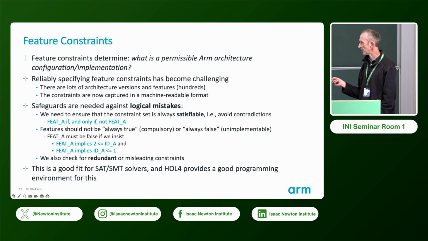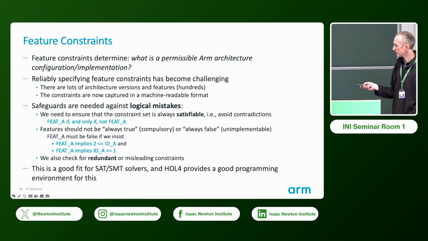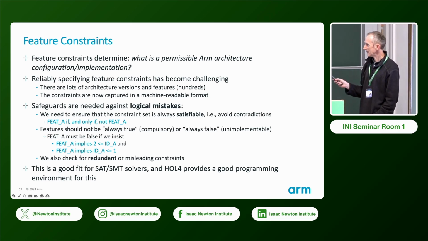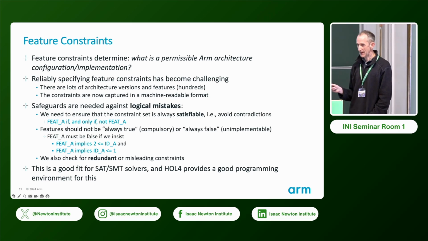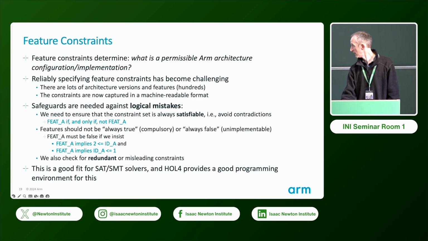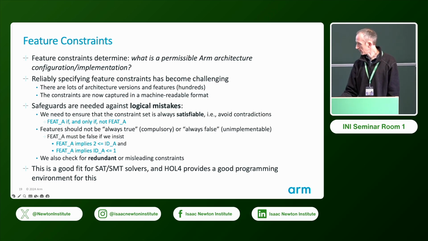So if feature A implies some ID register is greater than 2, but then you say it also has to be less than 1, that doesn't work. That means feature A has to be false. Obviously, this is a good fit for SAT and SMT, and we used Hull as a programming environment for interfacing to SAT and SMT solvers.